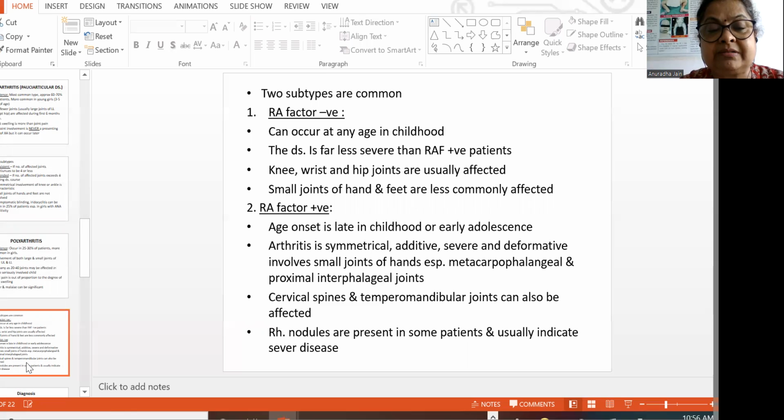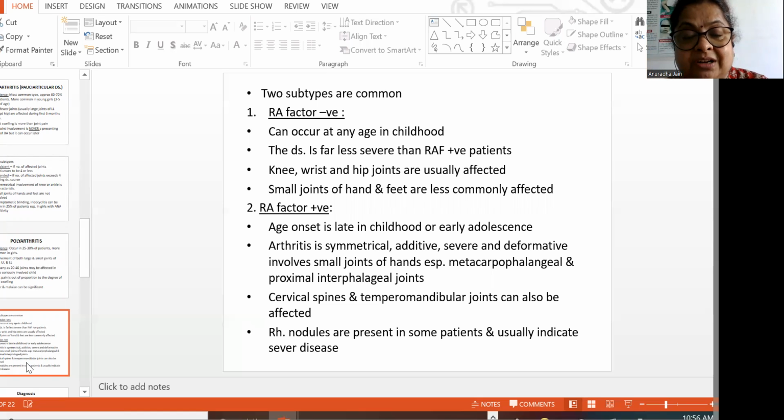Then RA factor positive. Age of onset is late in childhood and early adolescence, and arthritis is symmetric, additive, severe, and there may be deforming involvement. Small joints of hands, especially metacarpophalangeal and proximal interphalangeal joints, are affected.